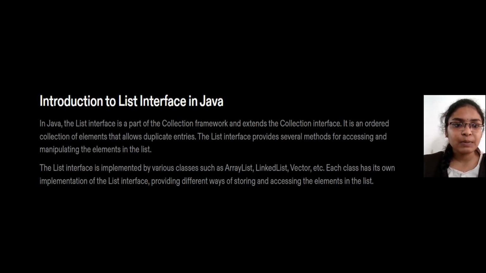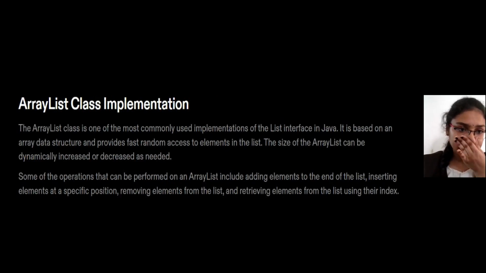The list interface is implemented by various classes such as ArrayList, LinkedList, Vector, etc. Each class has its own implementation of the list interface, providing different ways of storing and accessing the elements in the list. Now let us see the ArrayList class implementation.